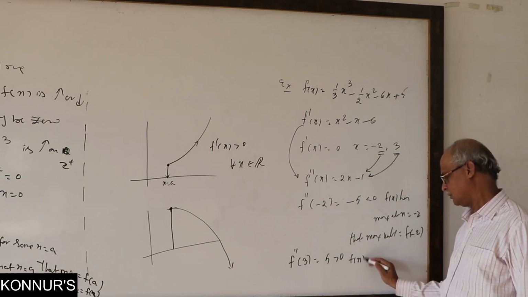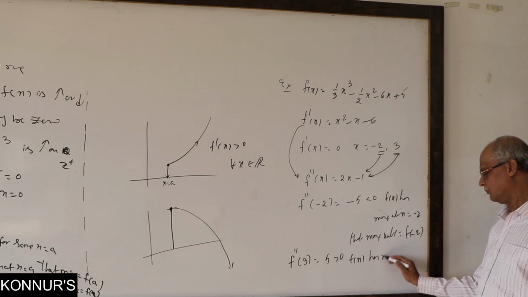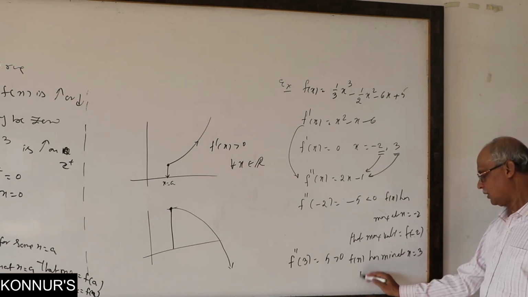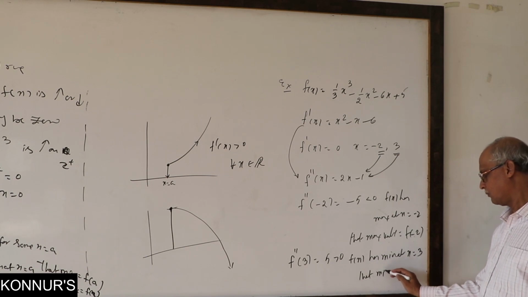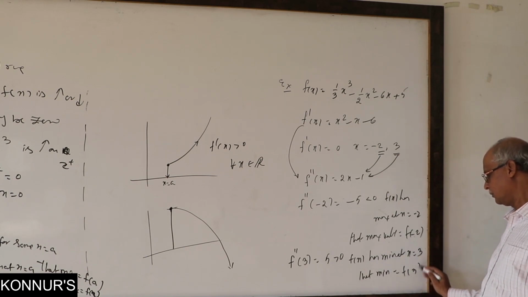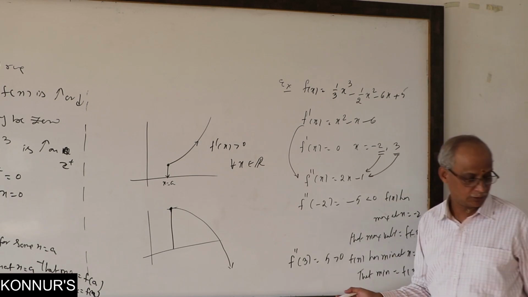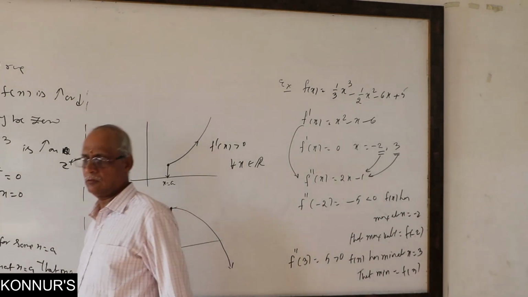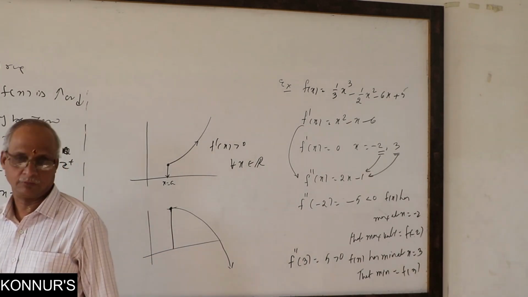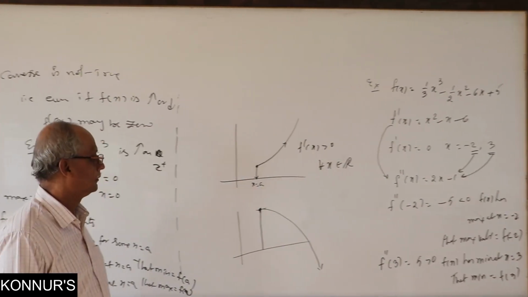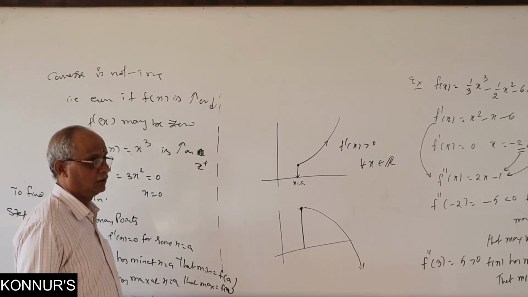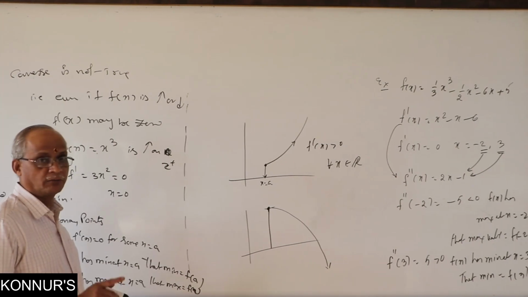So f of x has a minimum at x equal to 3. That minimum value is f of 3. Stationary values become extreme values. That is final. Since I told you an nth degree polynomial has n minus 1 stationary points, every stationary point becomes either a minimum or a maximum.